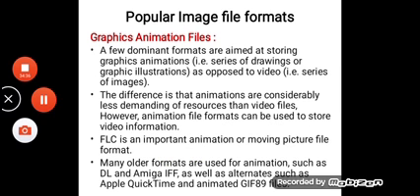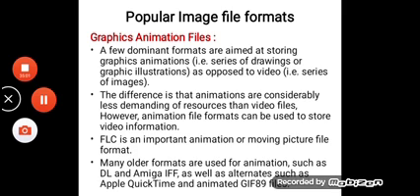And then the last one is the graphic animation file. A few dominant formats are aimed at storing graphics in animation, that is a series of drawings or graphic illustrations, as opposed to video, that is a series of images. Like I told you, video is basically a series of images.